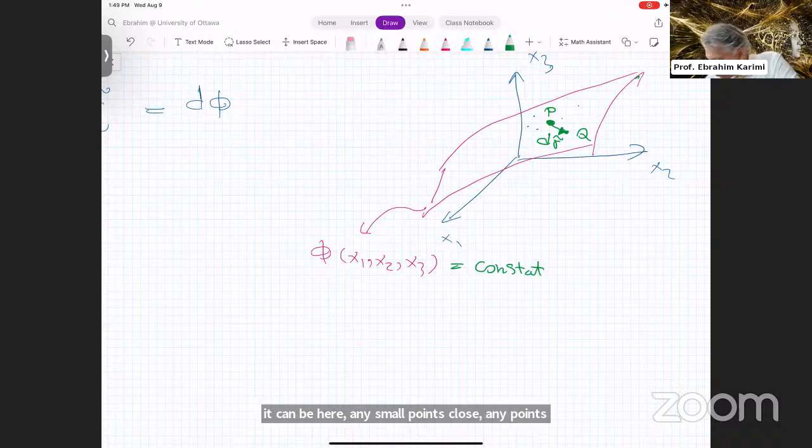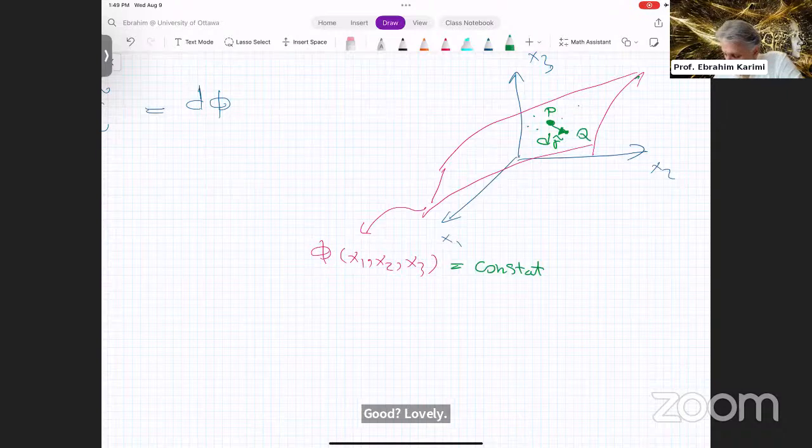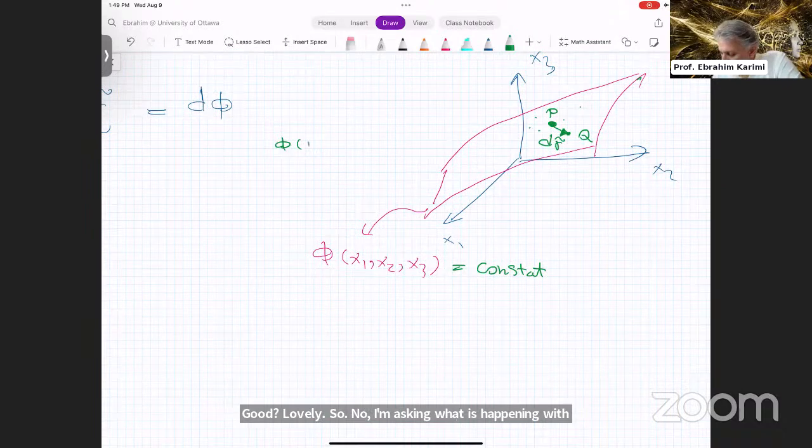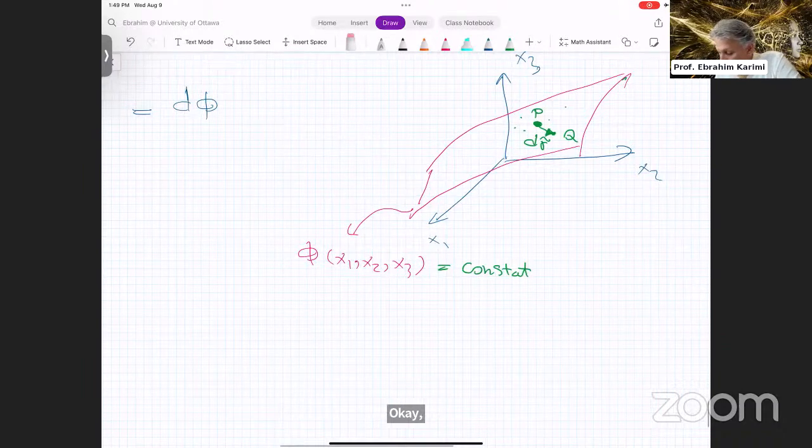Now I'm asking, what is happening with the phi for point P minus phi for the point Q? Let's write it in a proper way.